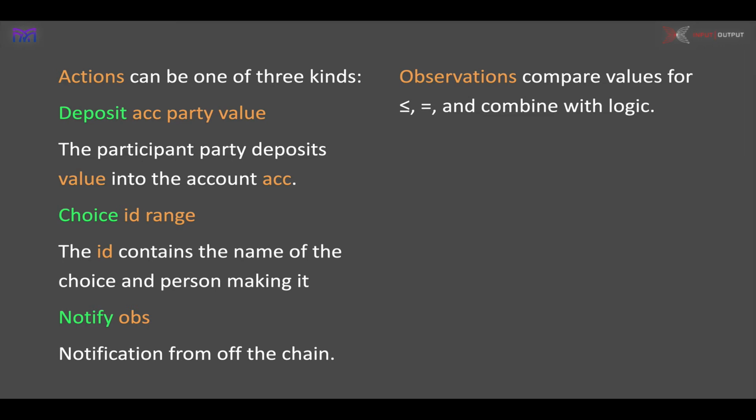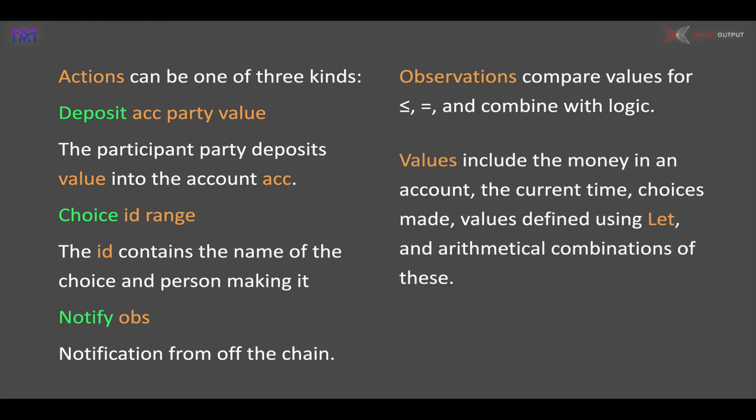Now, observations simply allow us to compare values using their relative size, using equality, and combining them using logic. And the values that we are allowed to look at include the money in an account, the current time in terms of slot number, choices made, values defined using let, and so on. So they're simple combinations of things about the current state of the contract, money in accounts, current time, and so on.